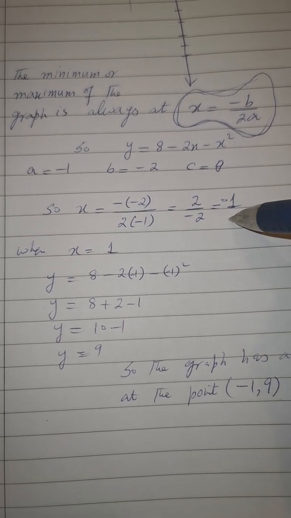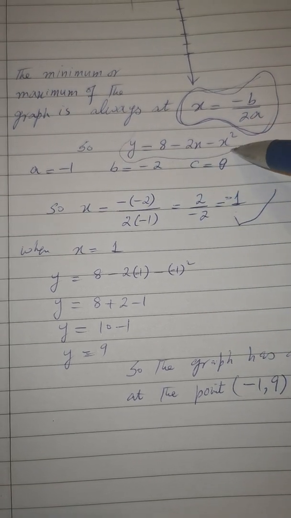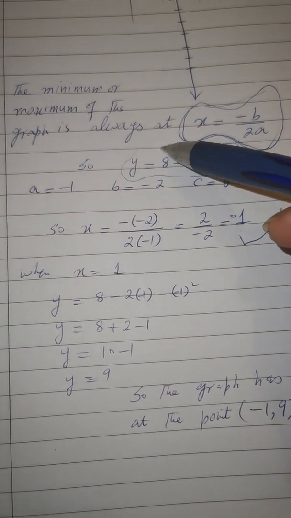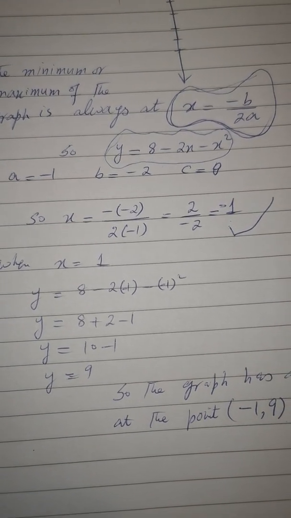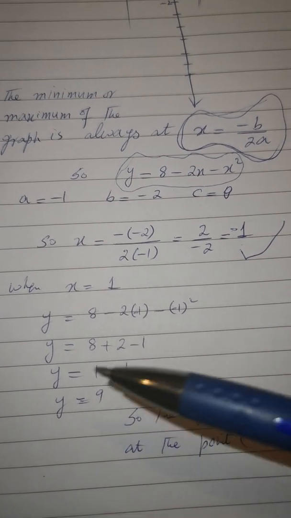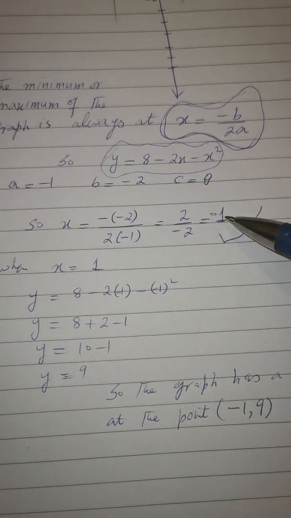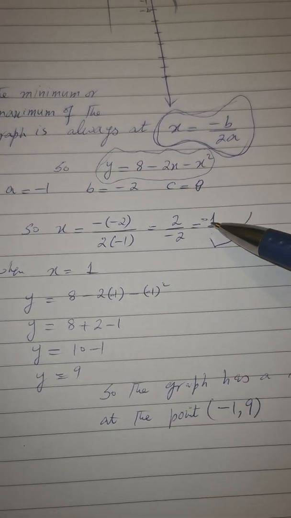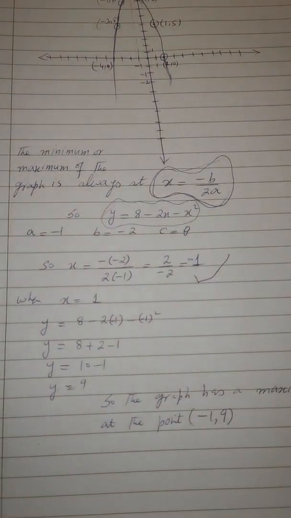And that value of x, you put back in this given quadratic equation, then you will get the value of y. This value of y and this value of x both will give you a point, and this formula gives you the maximum or minimum point.